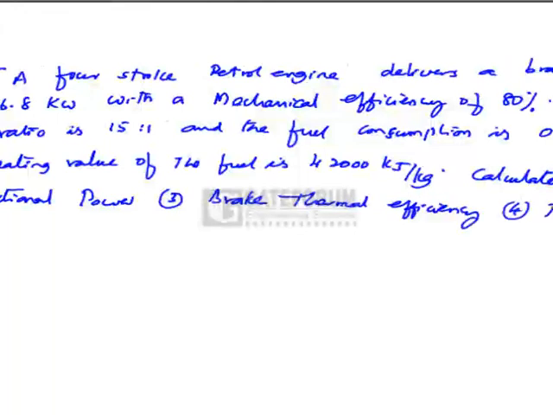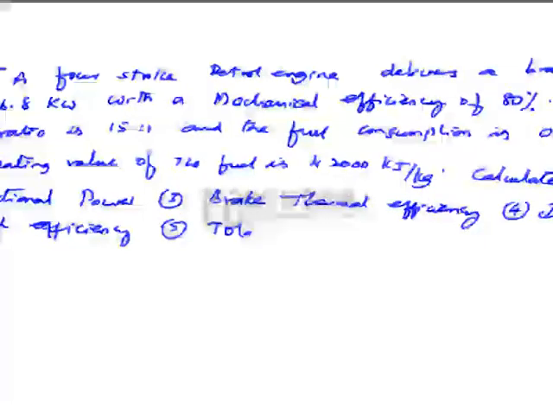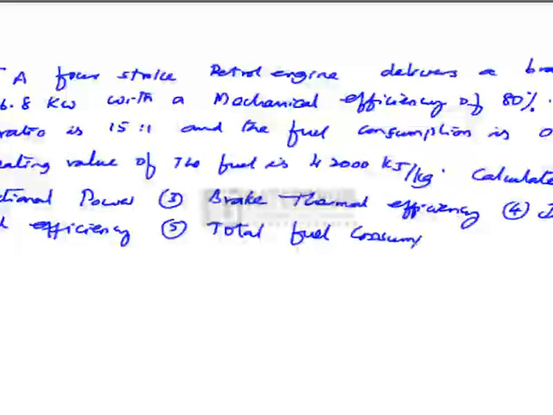Number 4, indicated thermal efficiency. Number 5, total fuel consumption. Number 6, air consumption per second.